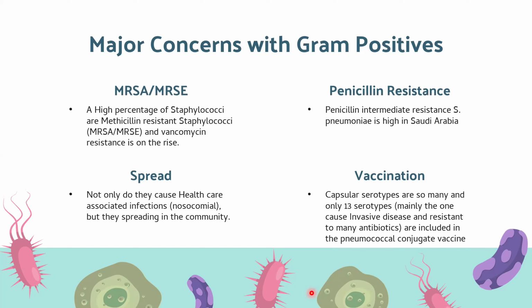Although we do have the pneumococcal polysaccharide conjugate vaccine, it can only include a few of the multiple serotypes that are constantly evolving. So we're always going to lag slightly behind because we cannot possibly manipulate vaccinations as fast as bacteria manipulate their DNA.